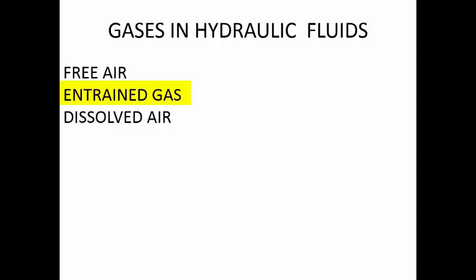Again, you have a gas present in the hydraulic fluid, and it will create more problems, just like the free air. So for entrained gas, the system pressure has dropped below the vapor pressure, and the lower pressure has ensured that the hydraulic liquid will form gas. This gas will form a bubble, and this bubble travels in the system, which will create more problems.